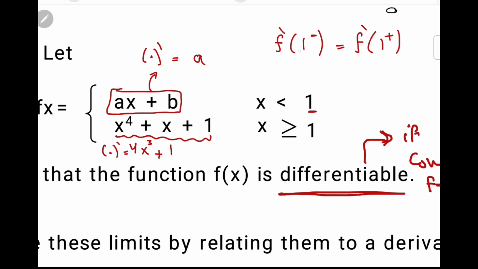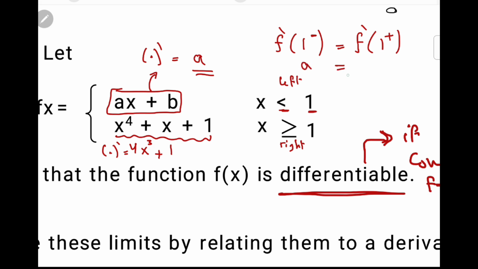So this is 1 from the left, and this is 1 from the right. From the left, you plug in 1 here, and the function is just equal to a.